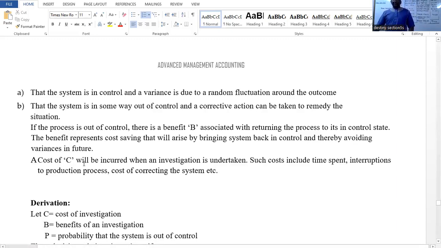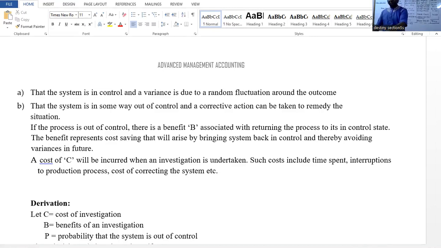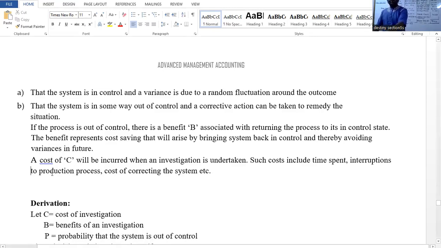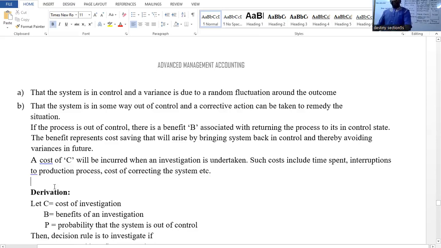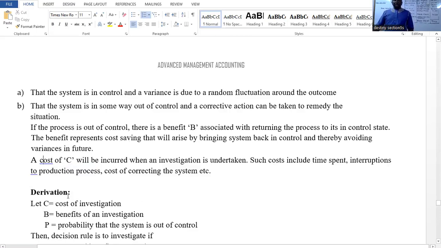And then we have a cost of C that will be incurred. Remember we said earlier, you consider the cost of the investigation and the benefits. Now, once you have done that, the derivation process is as follows.